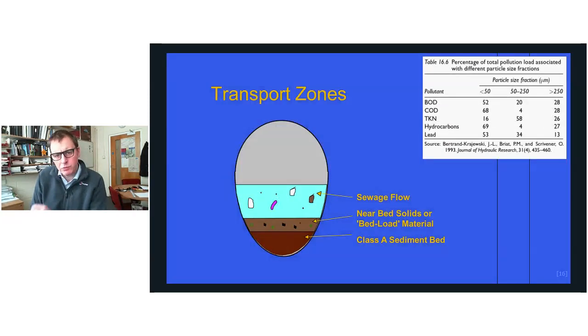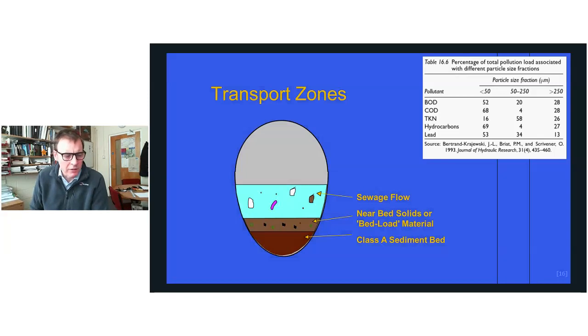And of course, what's interesting is that although the fine material is small in size, it does carry those higher pollutant loads, and that's emphasised in the table at the top below, right there.